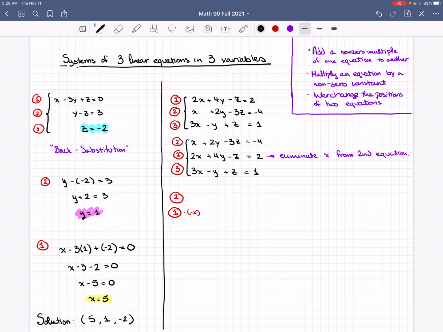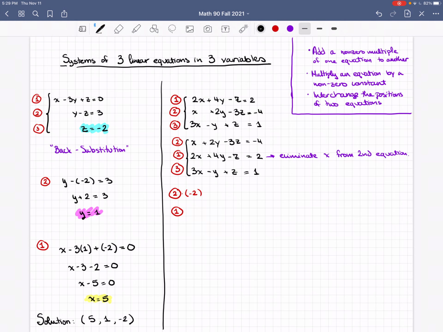So I have, notice I'm not doing anything with the third equation here. x plus 2y minus 3z equals -4. That's my second equation. I misspoke. I'm taking the second equation times -2, and I'm adding it to the first equation.